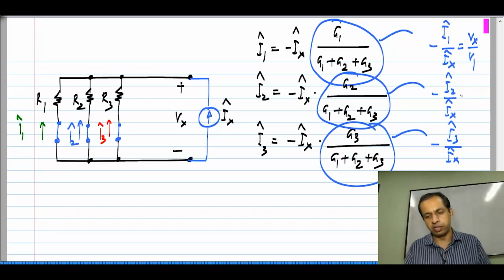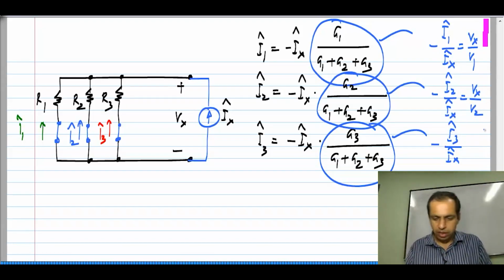Similarly, minus I 2 hat by I x hat is when V 2 is acting alone, and finally, minus I 3 hat by I x hat is when V 3 is acting alone.